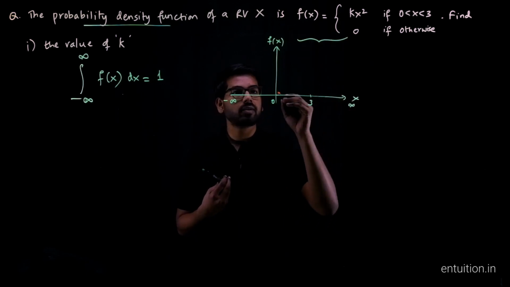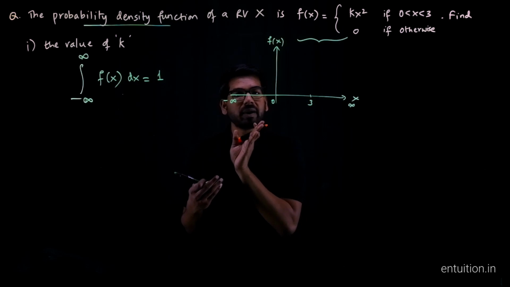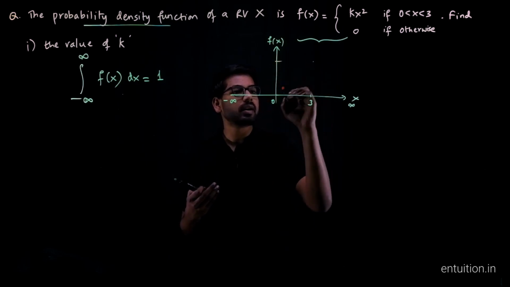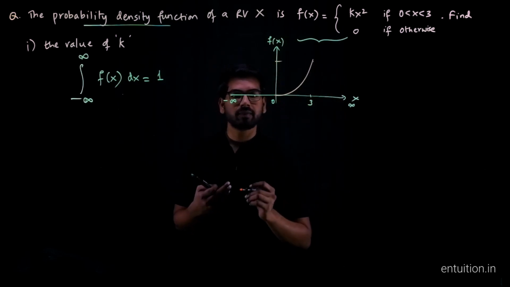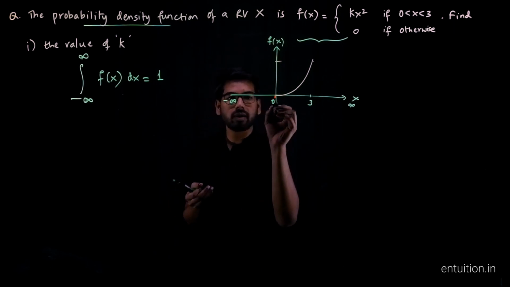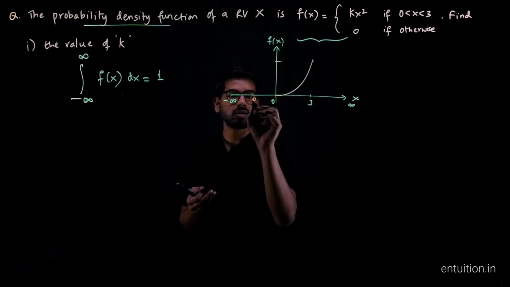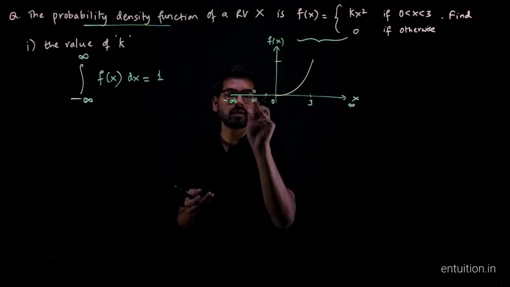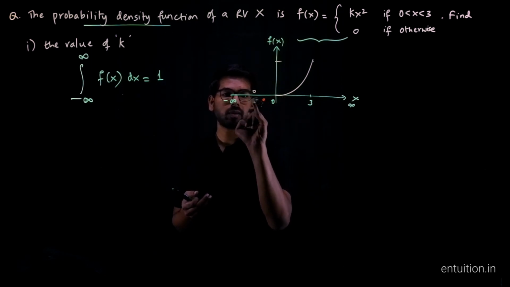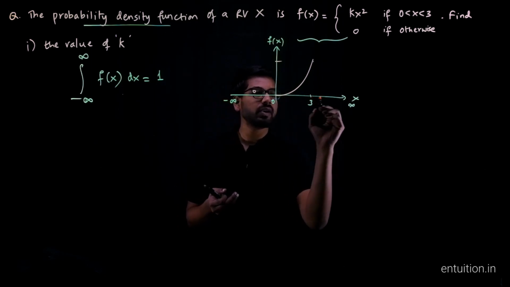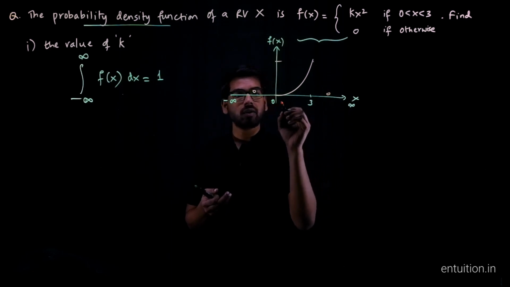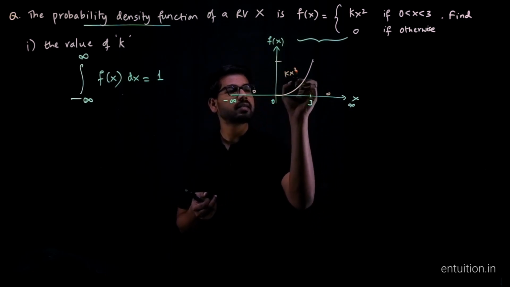We don't know what k is, so I'll just draw a parabola curve till here. From minus infinity to 0, it is 0, and from 3 to infinity, it is again 0. From 0 to 3, it is kx square.